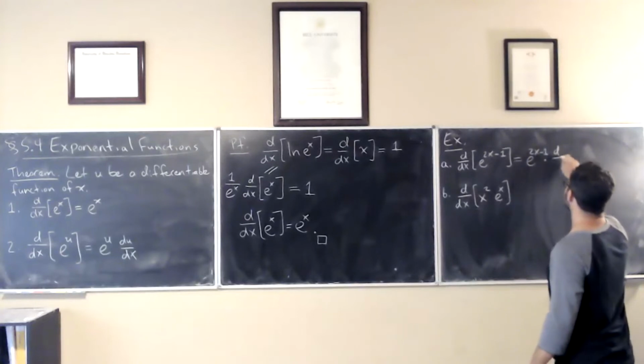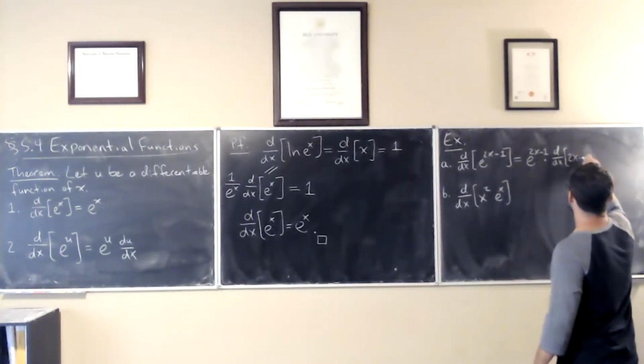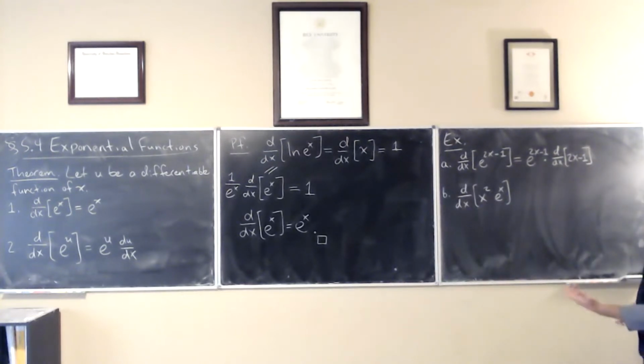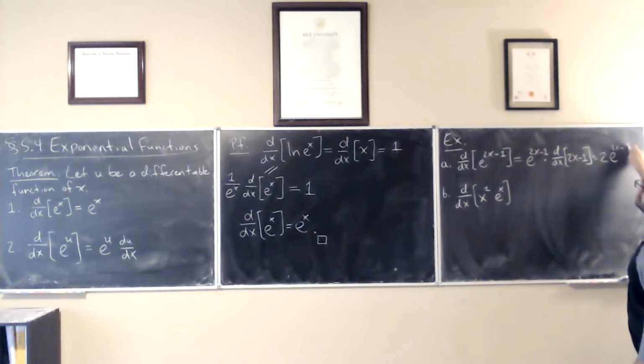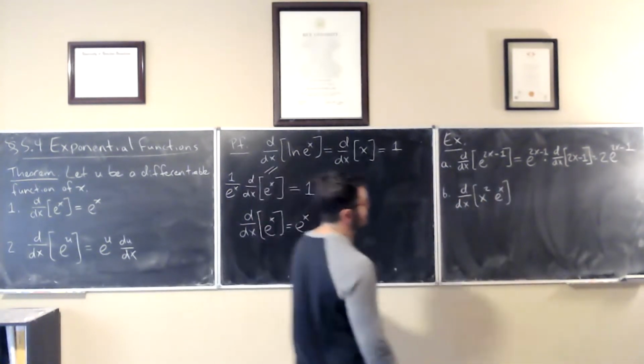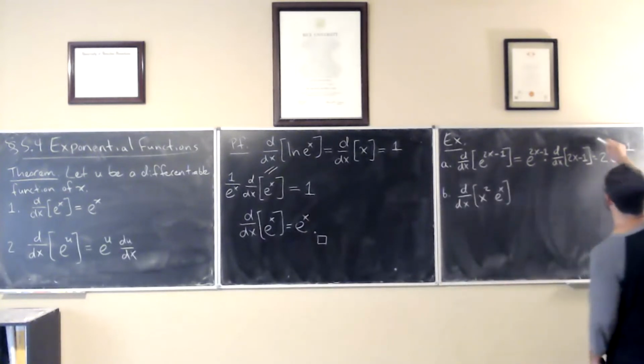So d/dx of 2x minus 1. So altogether, this becomes 2 times e to the power 2x minus 1. That's it.